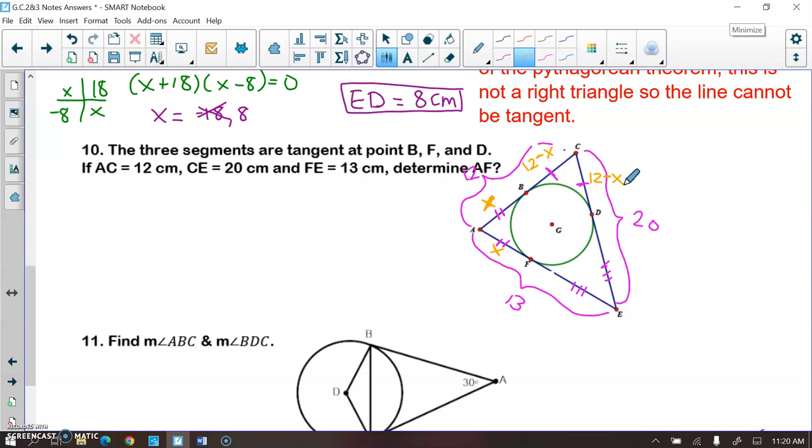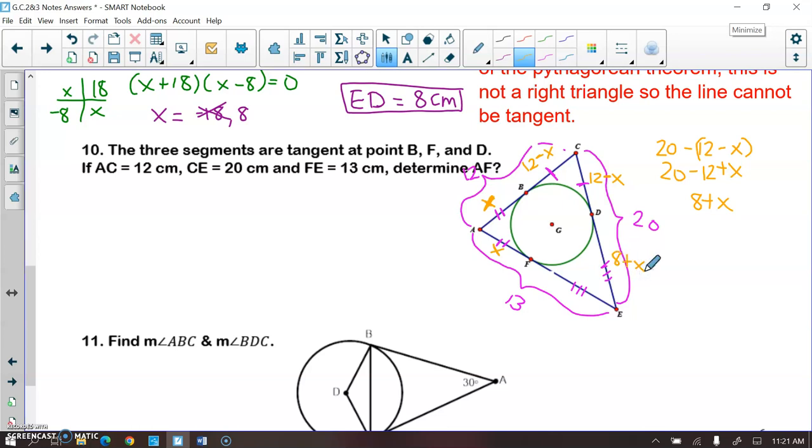And since CD is 12 minus x and CE is 20, I do 20 minus (12 minus x), and I need to put that 12 minus x in parentheses, distributing the minus in. 20 minus 12 is 8. I get DE can be labeled as 8 plus x.